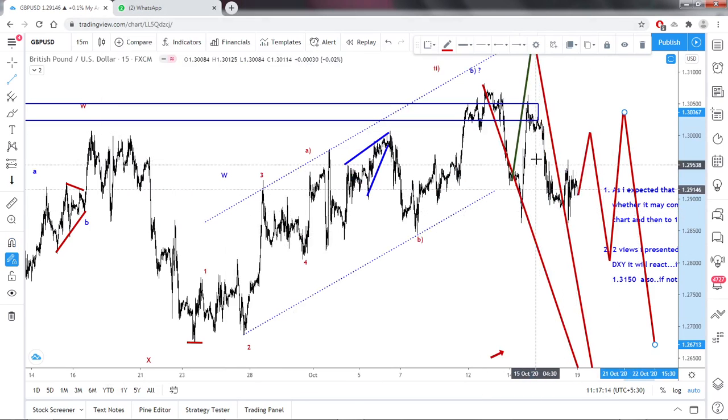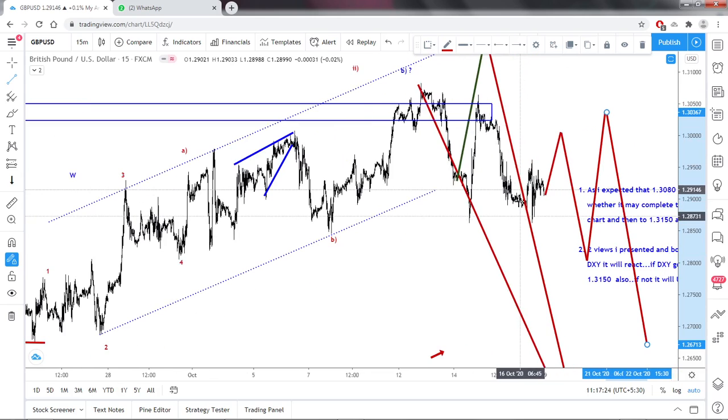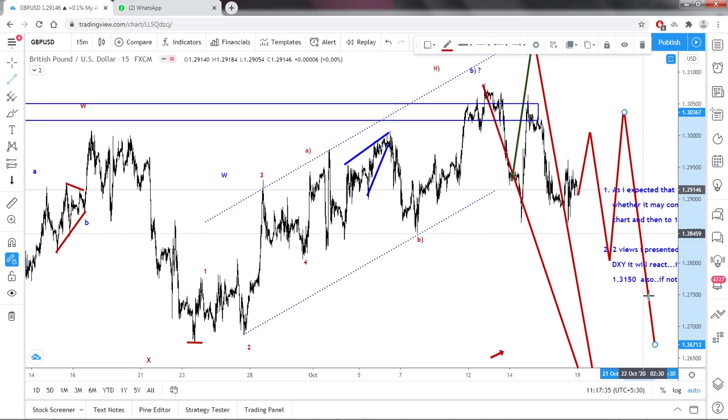So for this impulsive, this is also an impulsive. So A, B, C, again what it will do is, this is the A, so it could be, yeah, this is a 1, and A, B and C. So this could be 1 and 2, and then again it will come down.